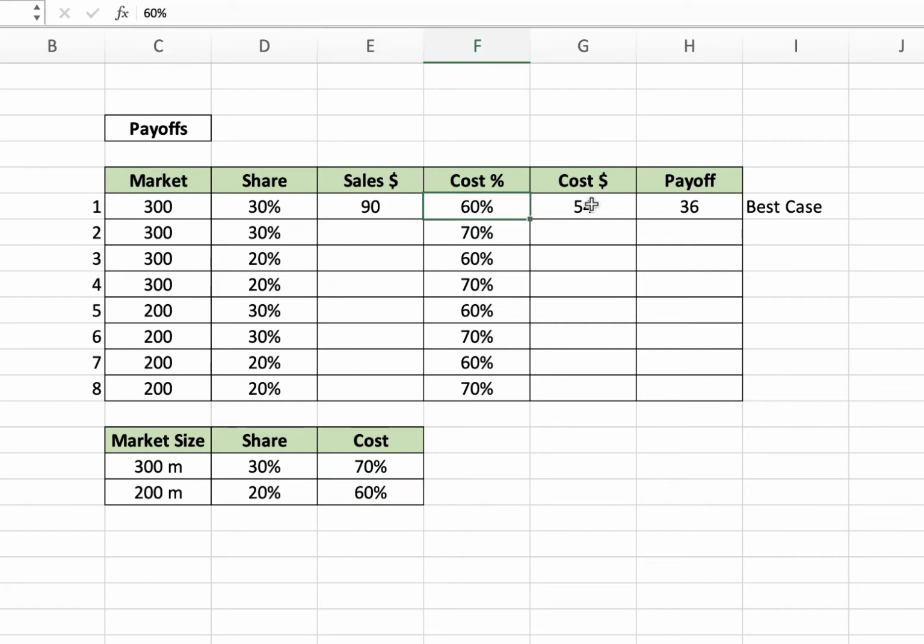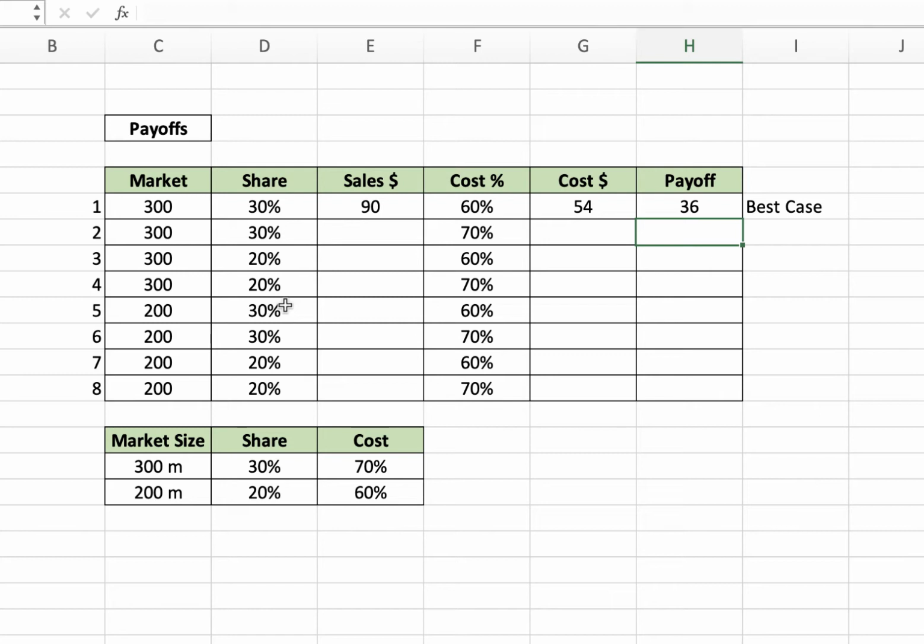So 60% times 90 million is 54 million in cost, which makes our payoff simply 90 minus 54, or 36 million per year for the best case scenario. And I've started the table to help you see the other 7 payoffs that you're needing to calculate.